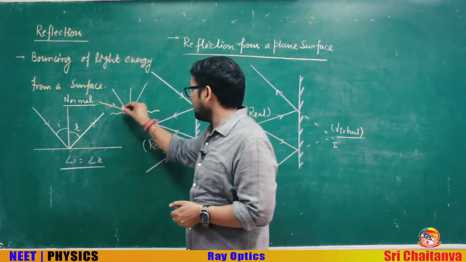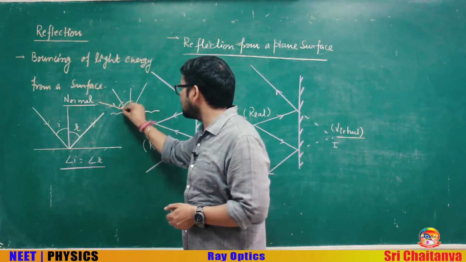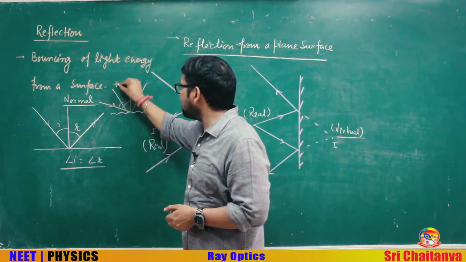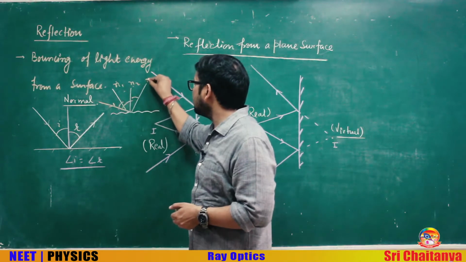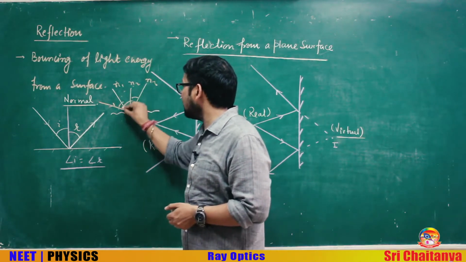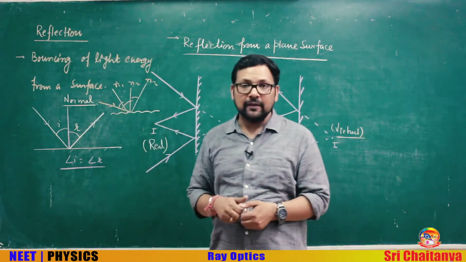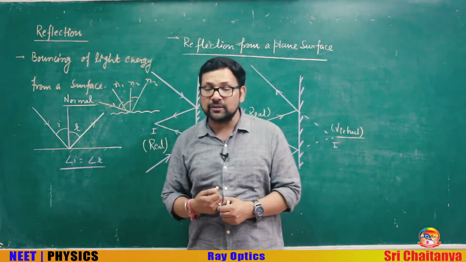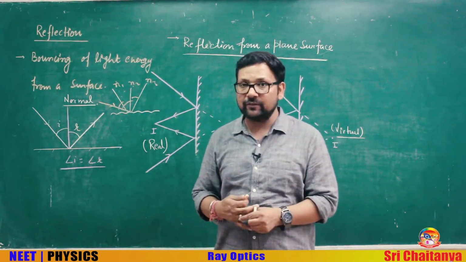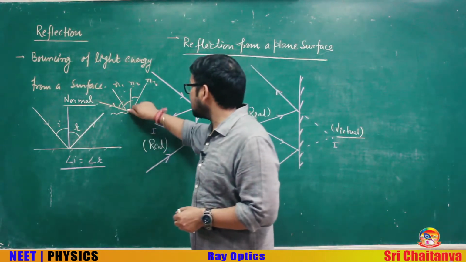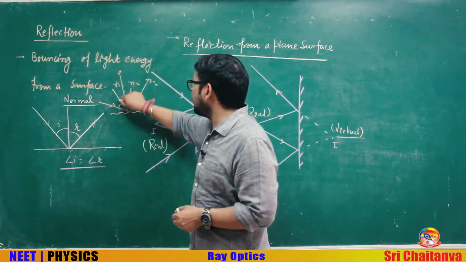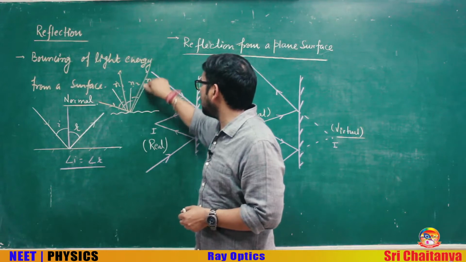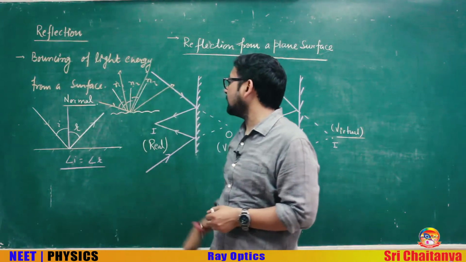So for this light ray, the angle of incidence with these 3 normals, we can name it as N1, N2 and N3. These 3 normals, the angle of incidence is changing. Hence, angle of reflection, that is equal to angle of incidence according to law of reflection, that will also change. So these rays are going like here with respect to N1 or here with respect to N2 or there with respect to N3.